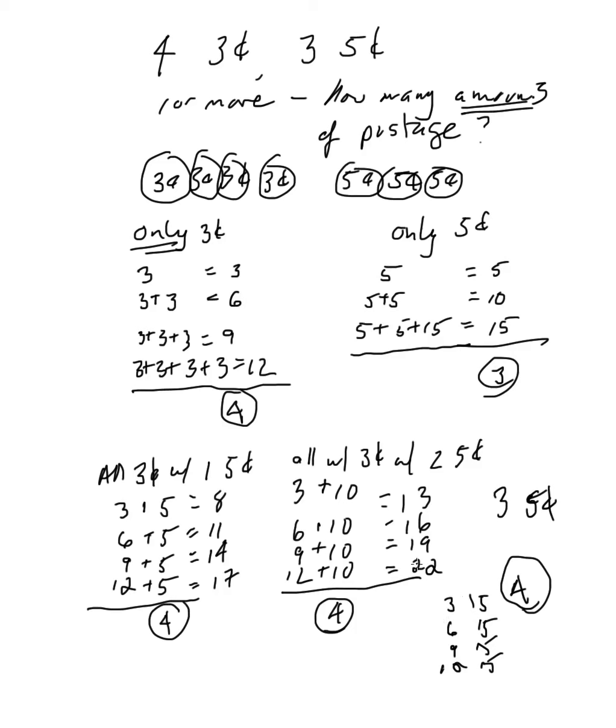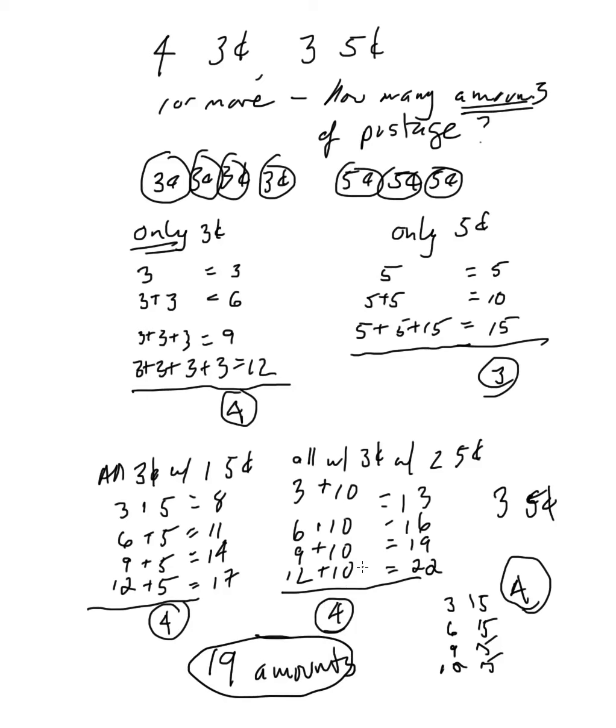This is every possibility without repeating. So that would be a total of 4 fours, which is 16, and 3, 19 amounts. And I'm done.